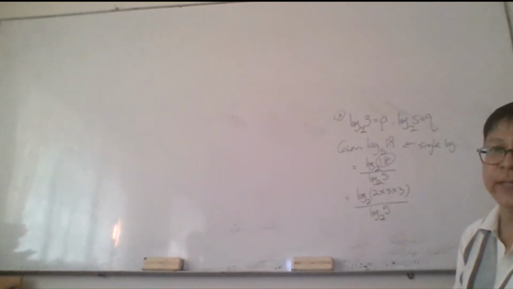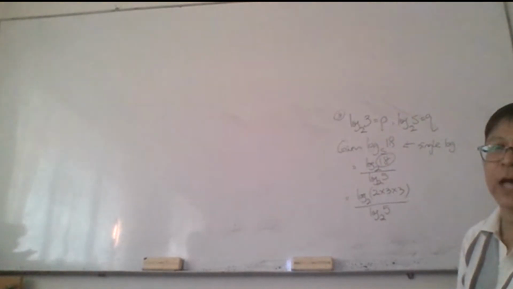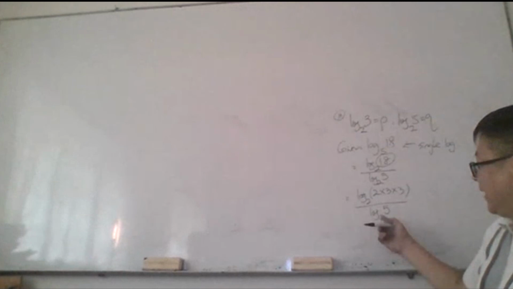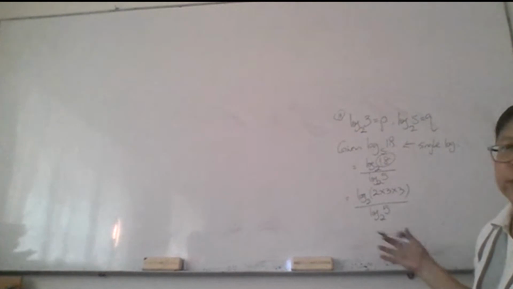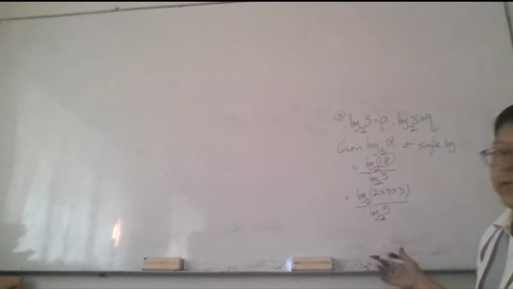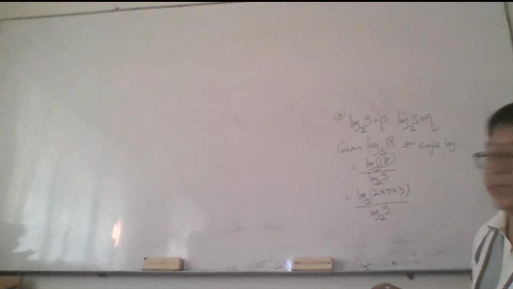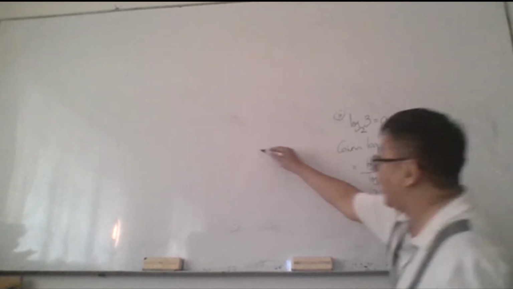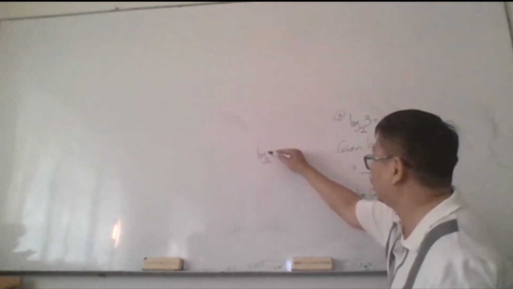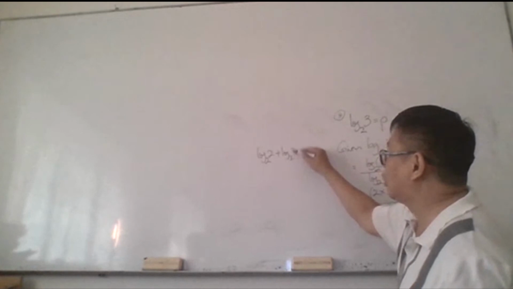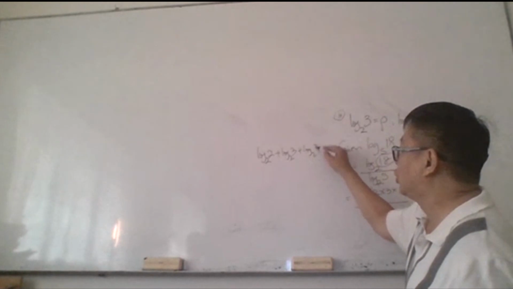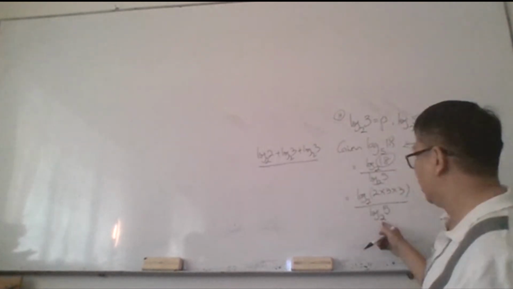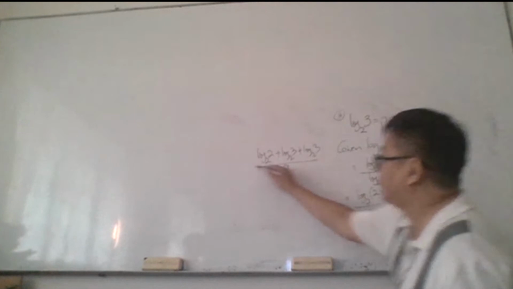Don't change anything, because the denominator cannot be split, so it will remain forever. On top will be log 2, 2 plus log 2, 3 plus log 2, 3, over log 2, 5, which is your Q.